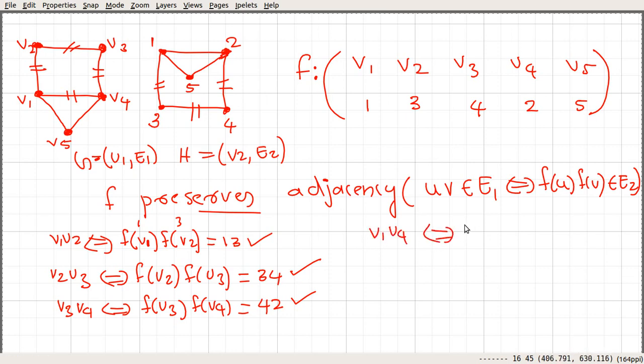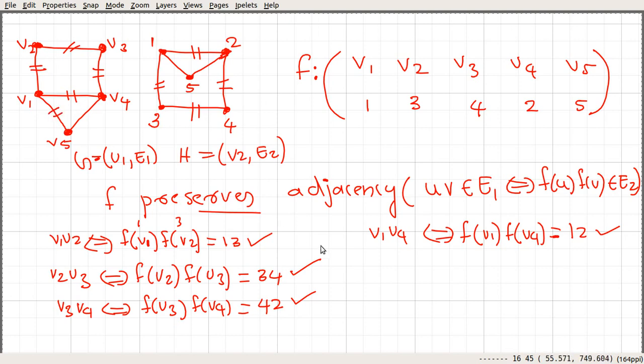Let's look into the edge V1 V4 and see whether the adjacency is preserved. f of V1 is 1, f of V4 is 2, and we can see that 1 and 2 are adjacent. Again the adjacency is preserved.